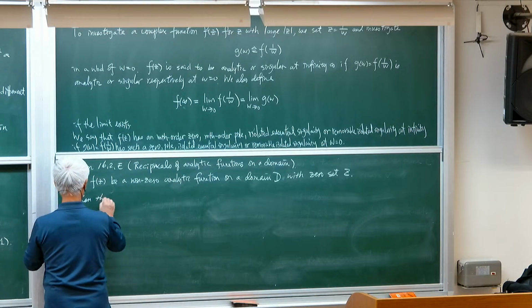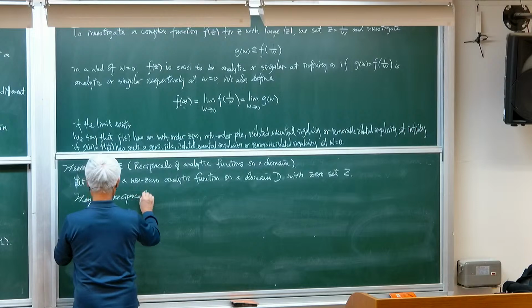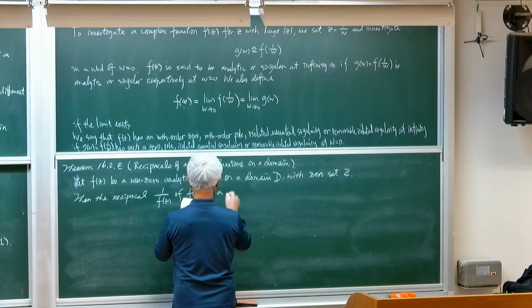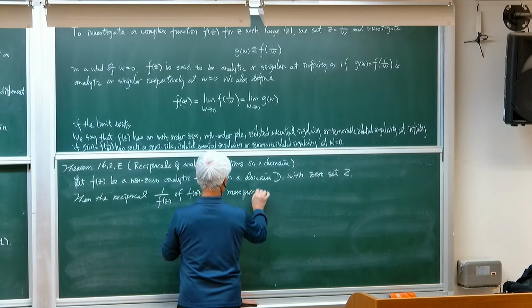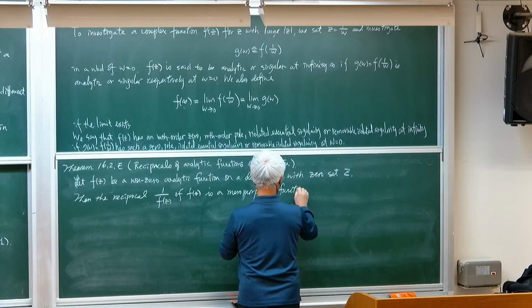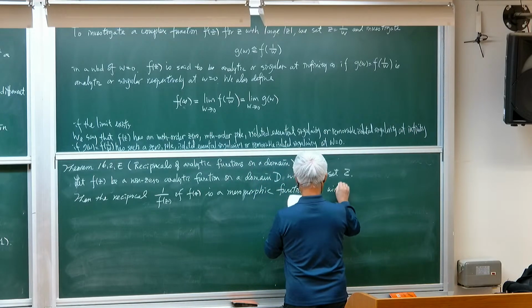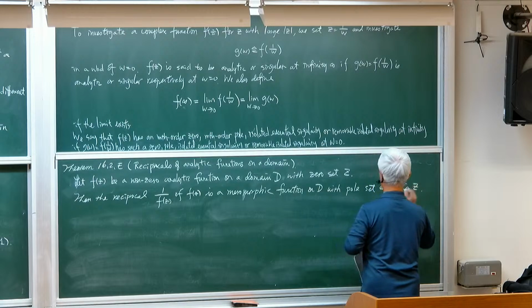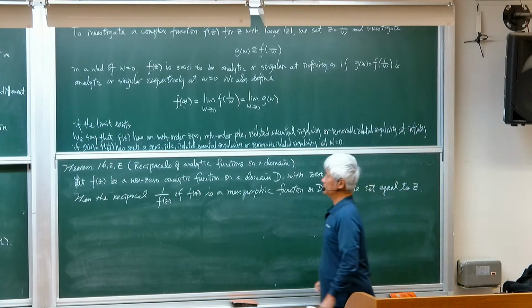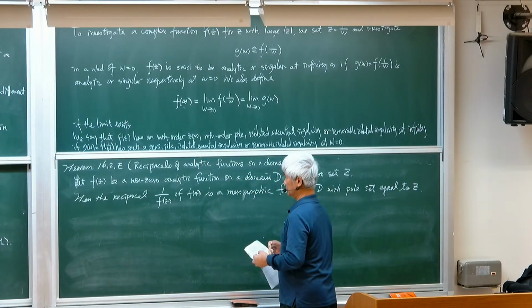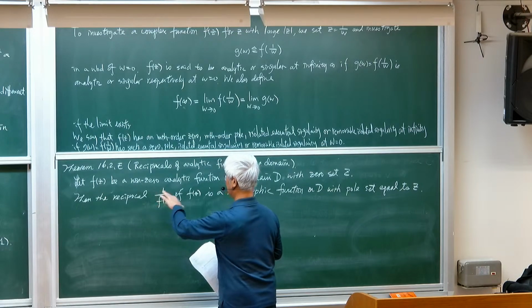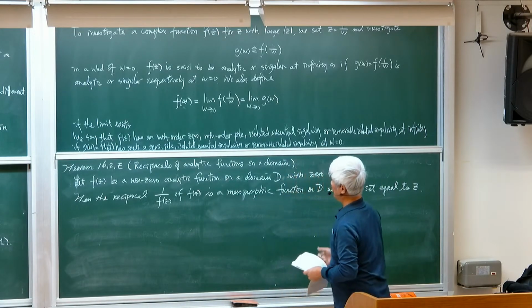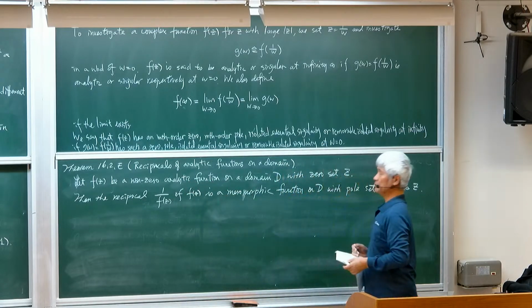Now, then the reciprocal 1 over f(z) is a meromorphic function on D, with poles equal to Z. So the operation of taking the reciprocal of an analytic function turns an analytic function into a meromorphic function.